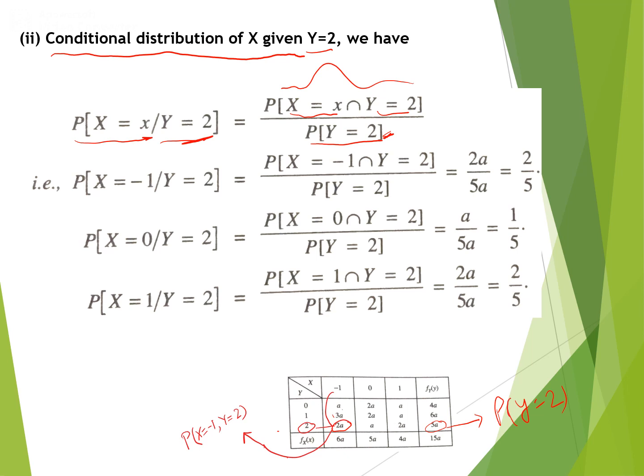Now we take x equal to -1, so we get probability x equal to -1 intersection y equal to 2 divided by probability y equal to 2, which we find with the help of the previous table. We get 2a, and probability y equal to 2, which is the marginal probability, we get 5a, so the result is 2 by 5. Similarly, we take x equal to 0 and x equal to 1, so we find the remaining conditional probabilities of x given that y is 2.